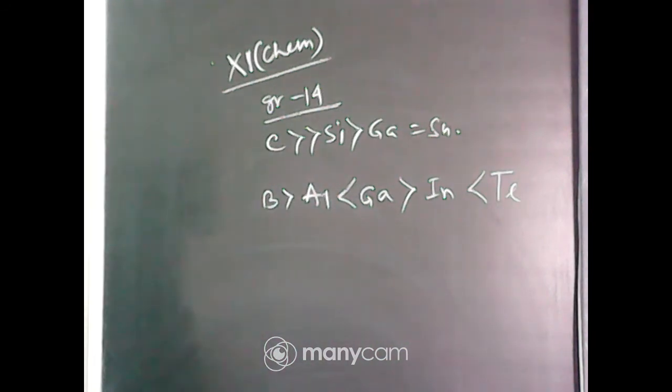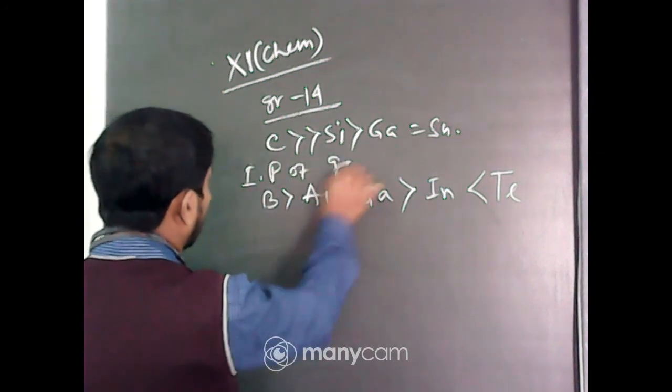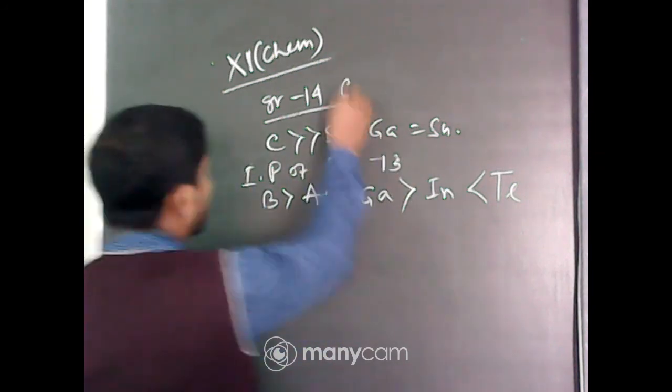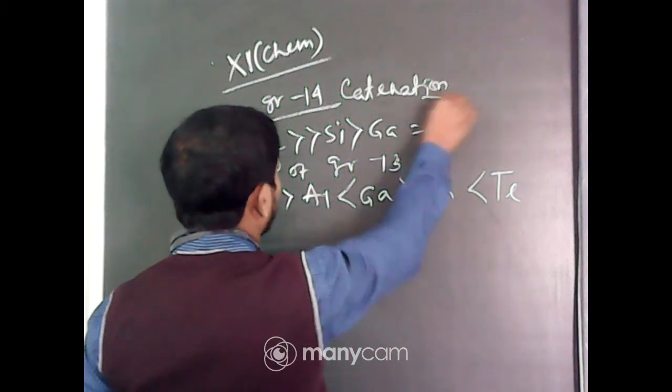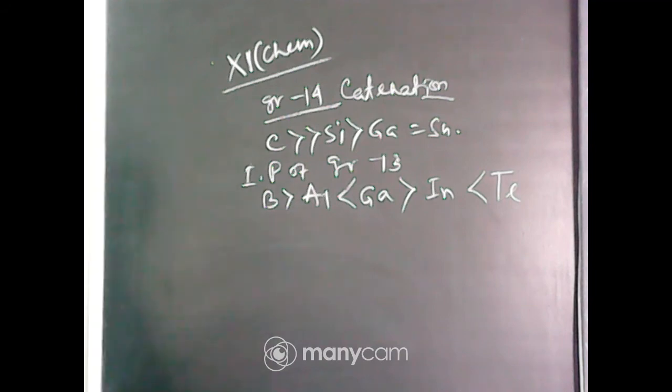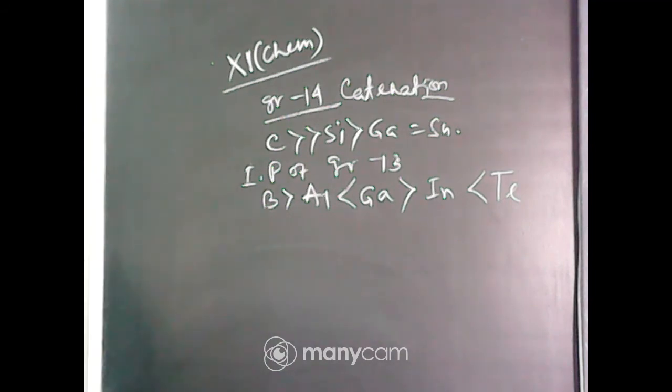So this is the ionization potential order of group 13, a very important question, and the earlier one was the catenation property of group 14 elements.